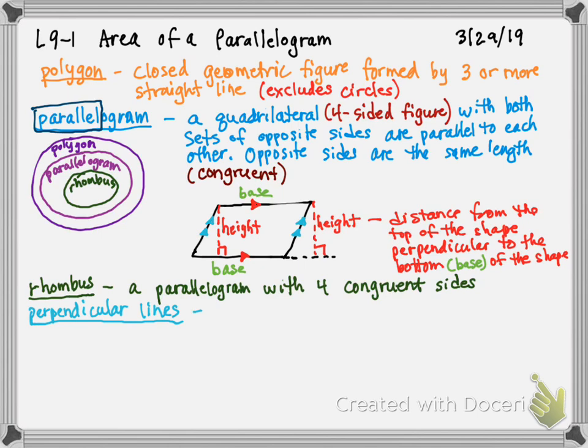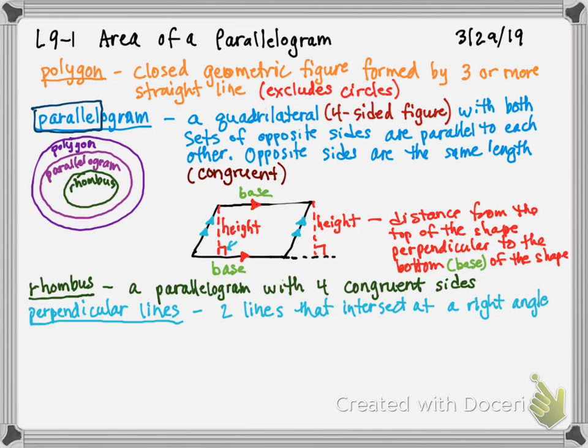It's earth-shattering. So perpendicular lines are two lines that intersect at a right angle. And if you noticed, when I drew my height of my parallelogram, notice that little box here in the corner? That means right angle, okay? Because it meets at a right angle. It's squared off, right?